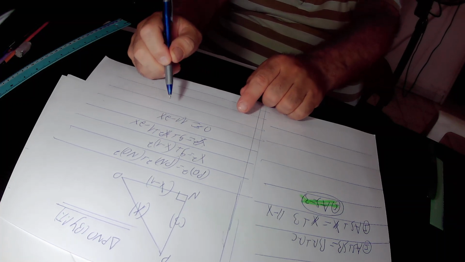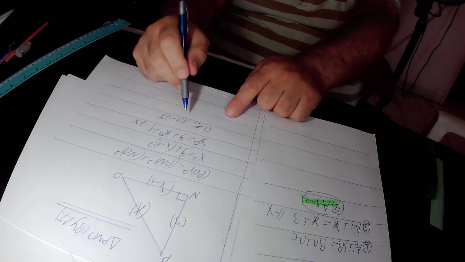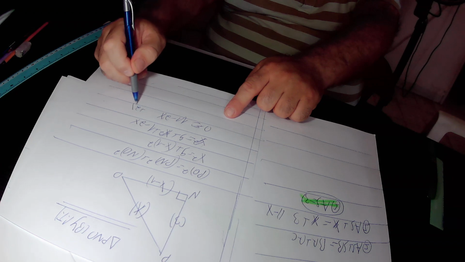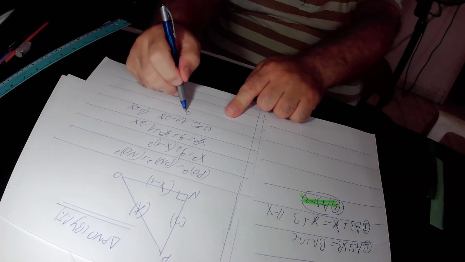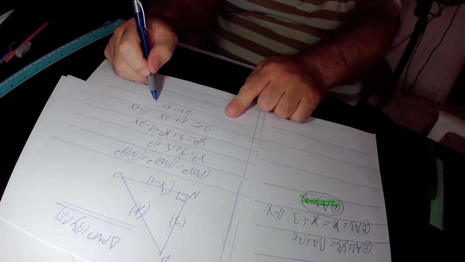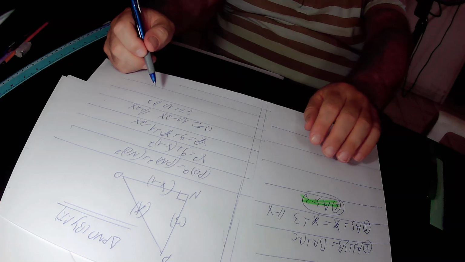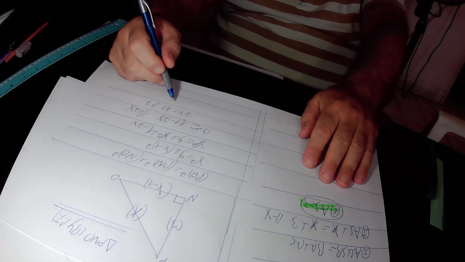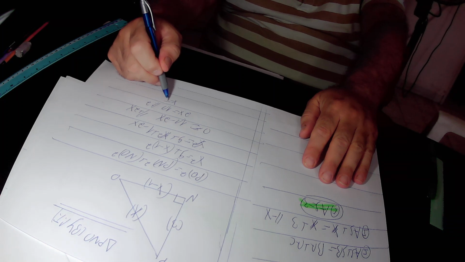So in total, 0 equals 10 minus 2x. Here we add 2x to this equation, and we get that 2x equals 10. Here we divide this equation by 2, and we get that x equals 10 over 2, that is 5.